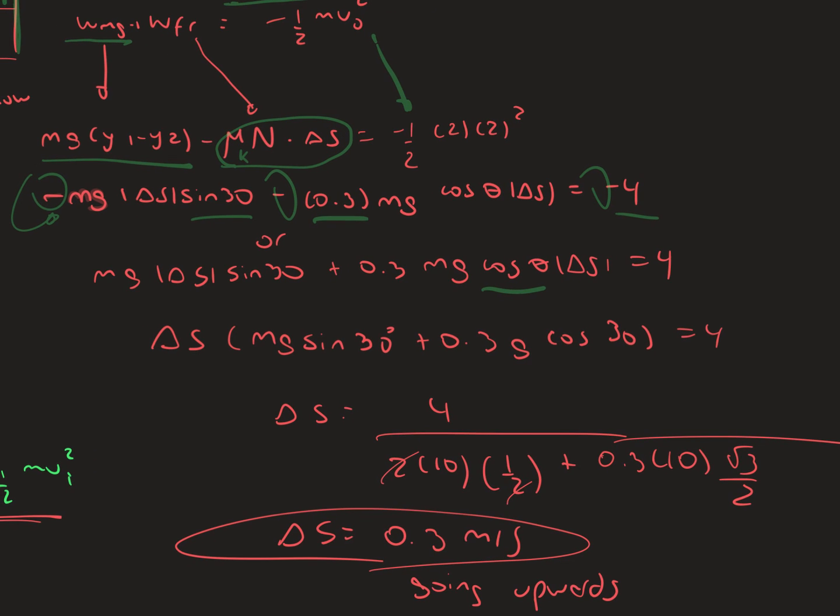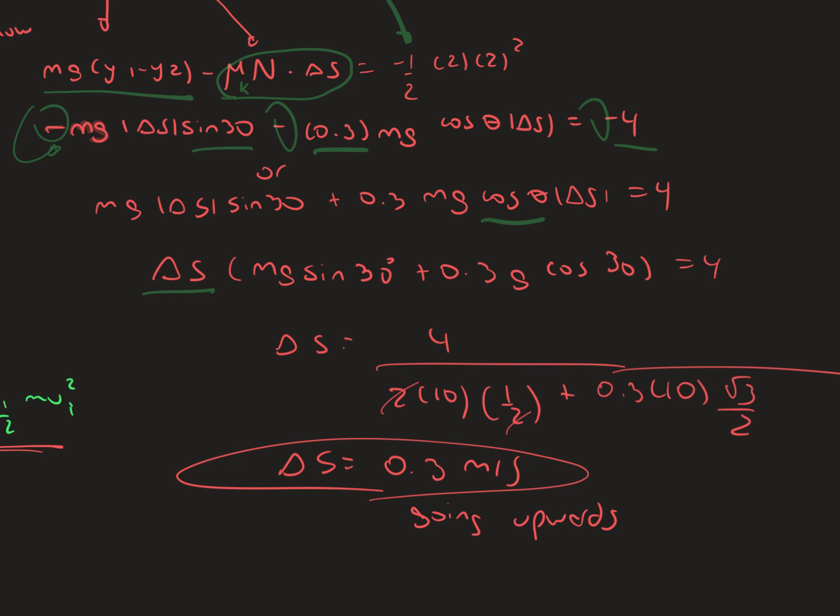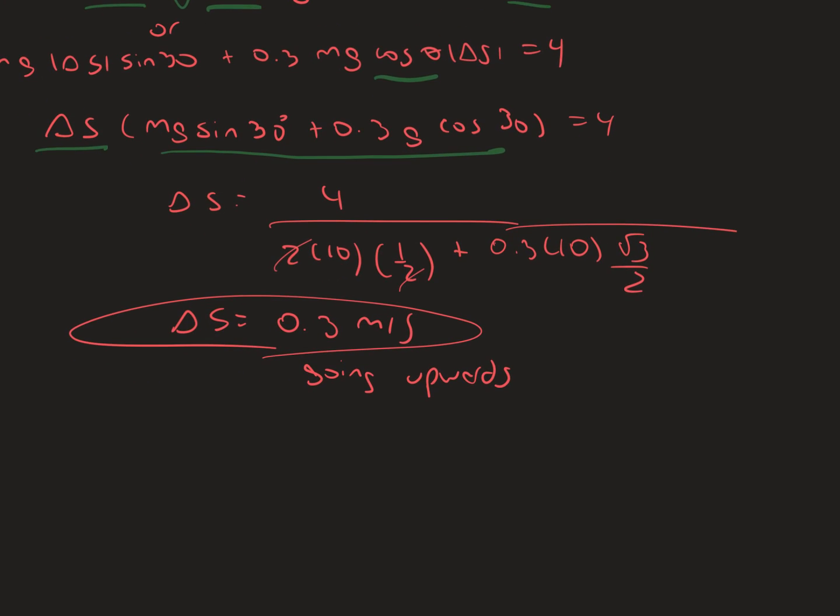Therefore, we solve for delta S. We continue doing the algebra, group these together, and plug in the values. As we proceed, we end up with delta S equals 0.3 meters in the upper direction. And that's the final answer.